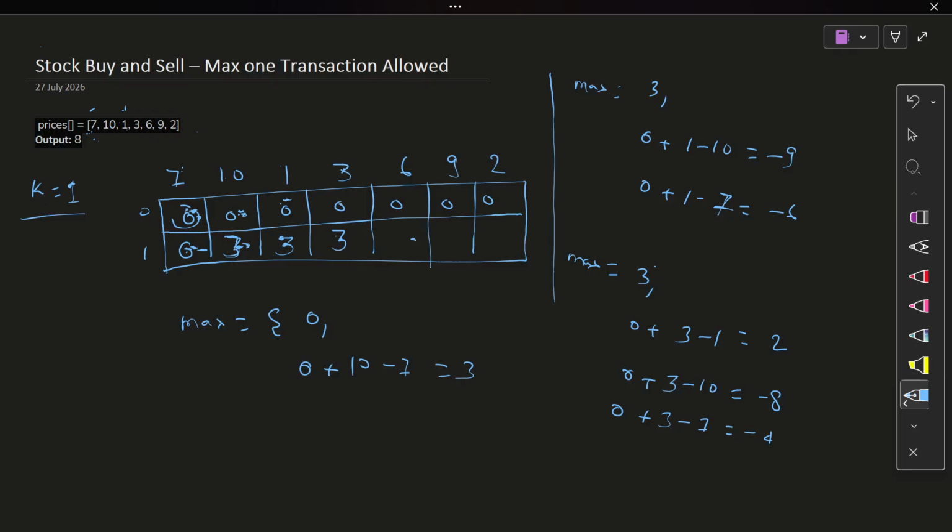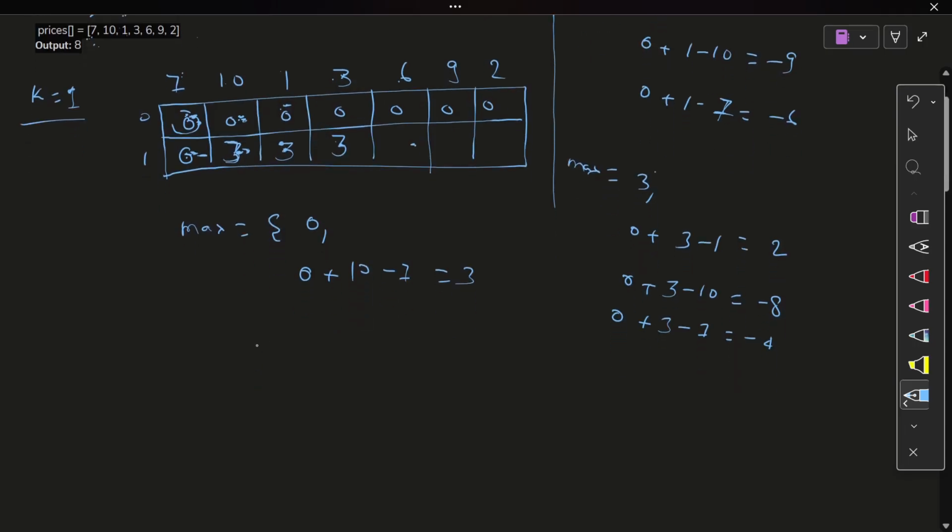Here zero transactions happen, this one transaction. Then 0 plus the first one is 3, then 0 plus 6 minus 3, then 0 plus 6 minus 1, then 0 plus 6 minus 10, then 0 plus 6 minus 7.